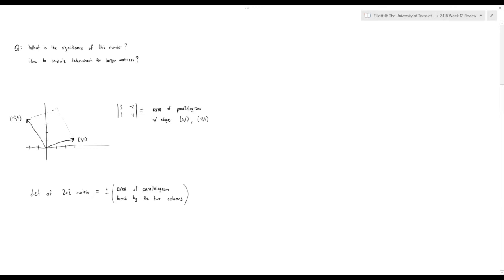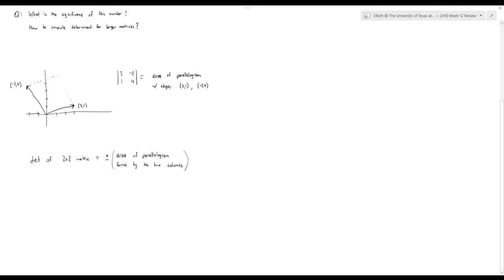I want to talk a little bit about what the sign represents as well. When the determinant is positive or negative, what is that telling us about the two vectors?